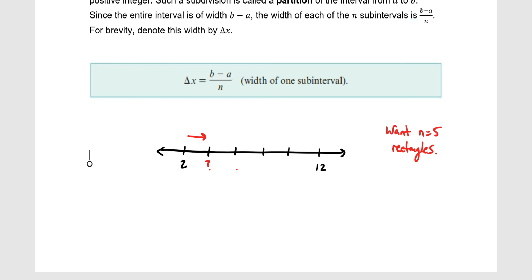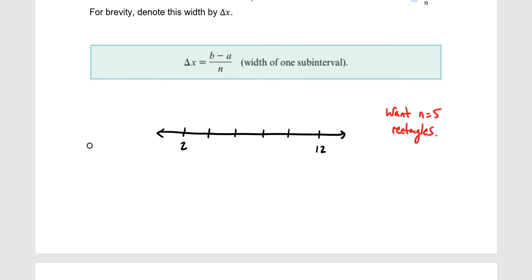So what we would have to do here is 12 minus 2 and get the length of the region, which would be 10. And then we would need to divide that 10, the length of that interval region, by the number of rectangles that we want, which would be 5. So that would give us 2.